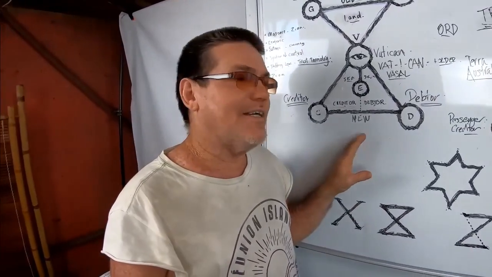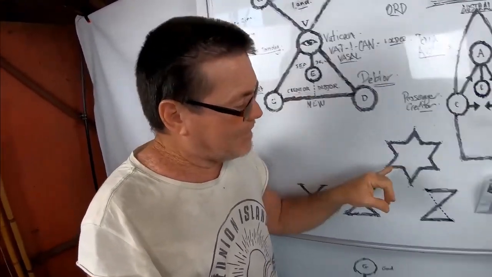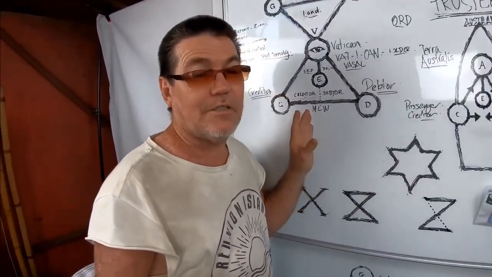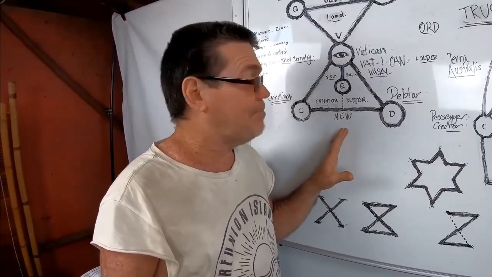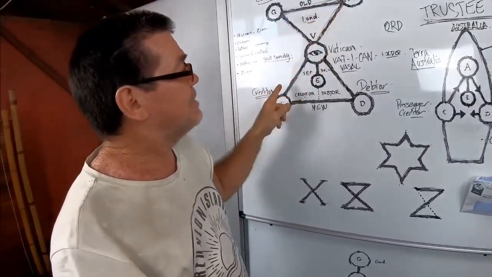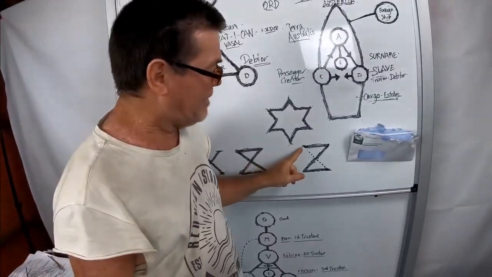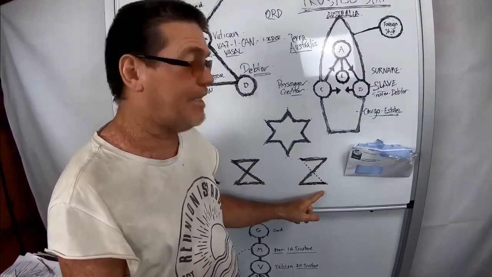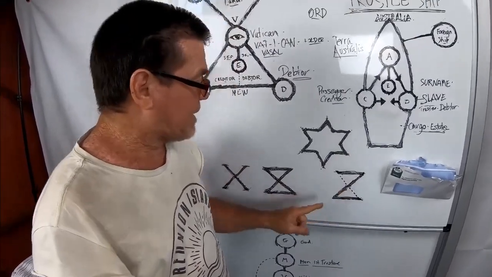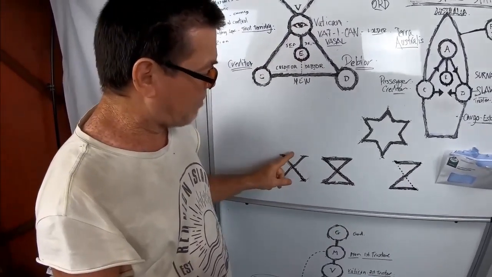So this system, which has really got to do with Zionism, and as you can see here, this is the Z for Zionism.